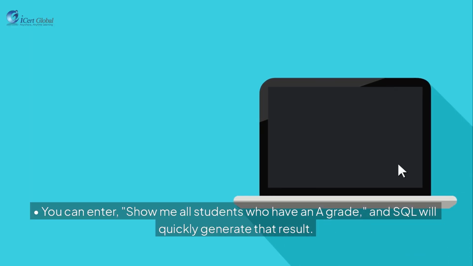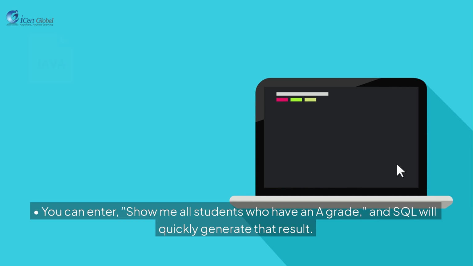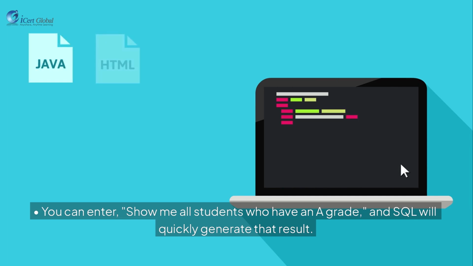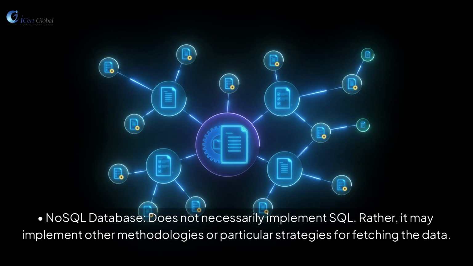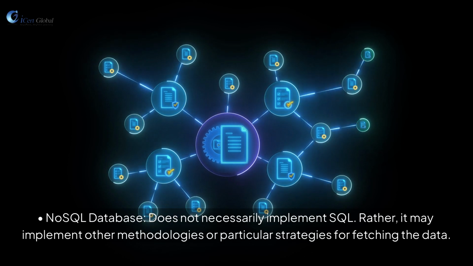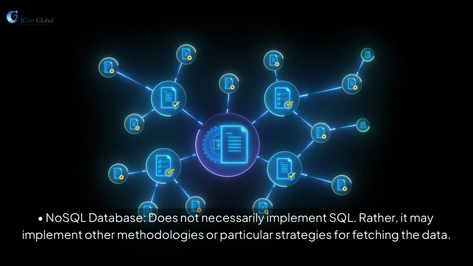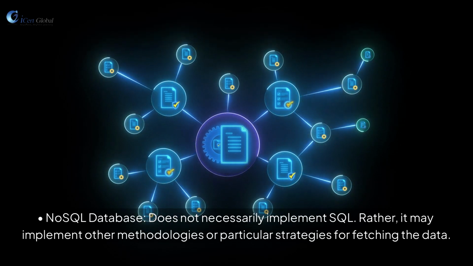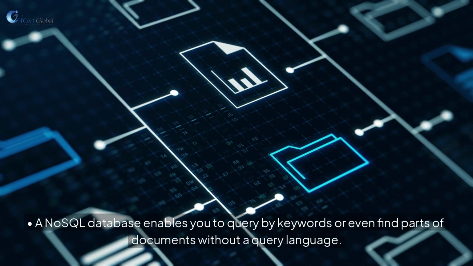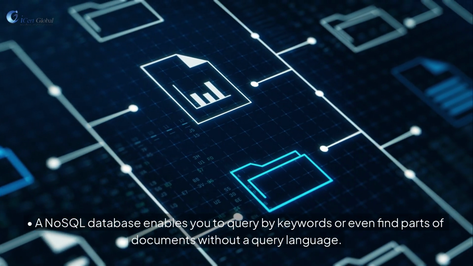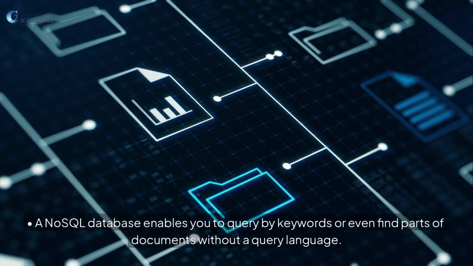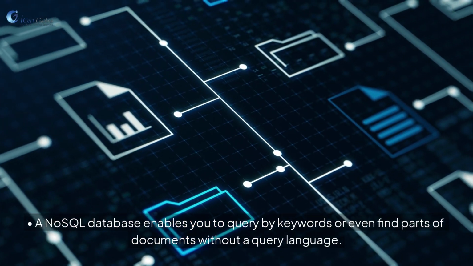You can enter, "Show me all students who have an A grade," and SQL will quickly generate that result. NoSQL database does not necessarily implement SQL. Rather, it may implement other methodologies or particular strategies for fetching the data. A NoSQL database enables you to query by keywords or even find parts of documents without a query language.